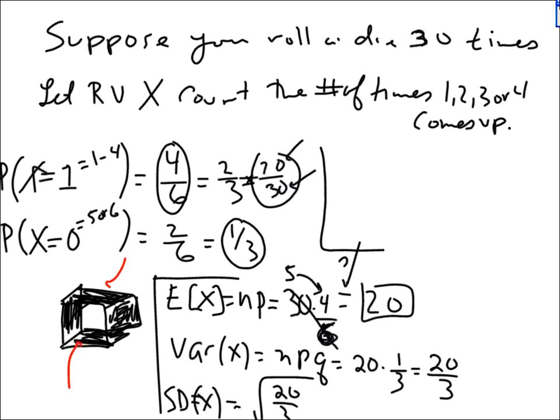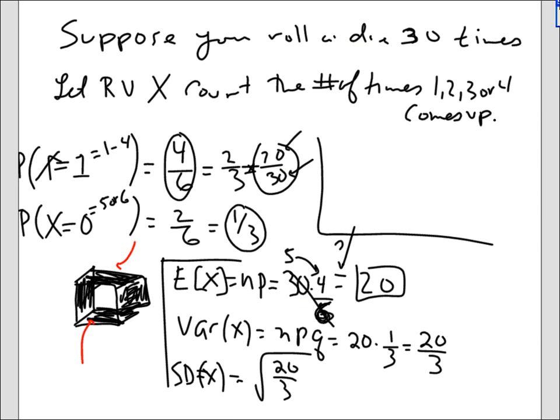Let me clean that up here. It's the square root of 20, which is the square root of 4 times the square root of 5, over the square root of 3. I know the square root of 4, that's why I broke 20 up into 4 times 5. Not 2 times 10. Don't know the square root of 2, don't know the square root of 10.